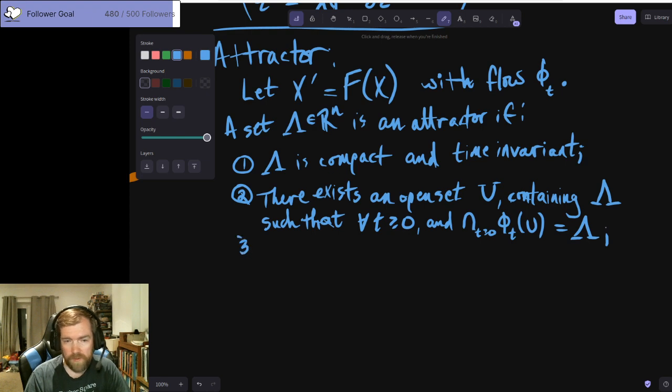Okay, and also transitivity has to exist.